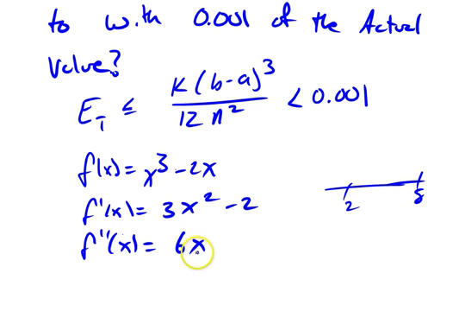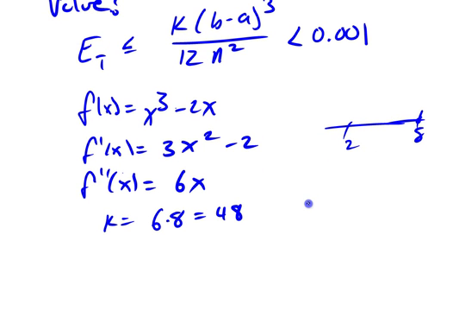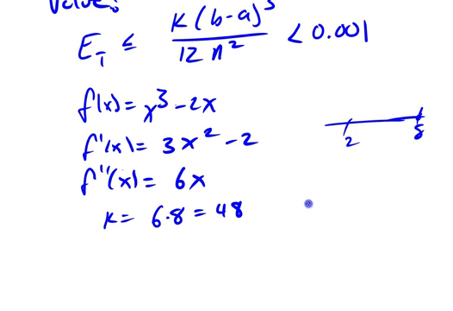Well, 6x keeps getting bigger as x gets bigger. So the maximum value is going to happen over here at 8. So k is going to be 6 times 8, which is 48. So the biggest the second derivative could be happens at the endpoint here, and it's 48.